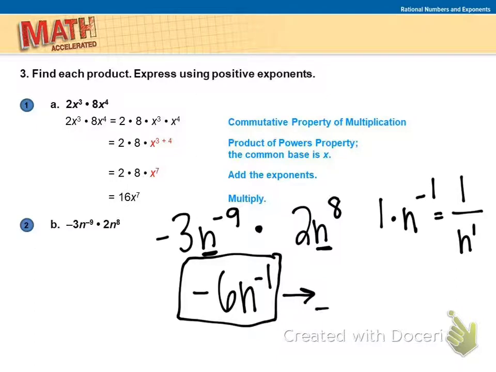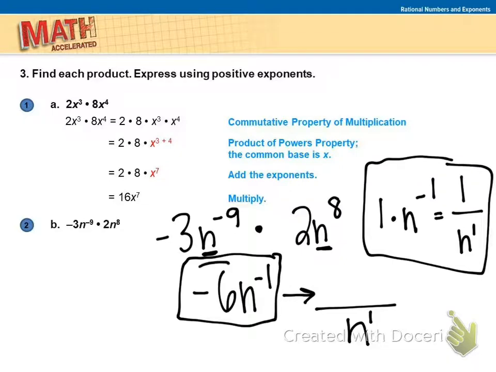The n, right? So I'm going to move the n to the bottom and make it a positive 1, or we know it's an understood one there. And then what's on top? Normally it would be just a 1 if we were doing it right here, but what's left on top right here? Negative 6, right? So our answer could just be written as negative 6 over n, or n to the first power. Does everybody see that?